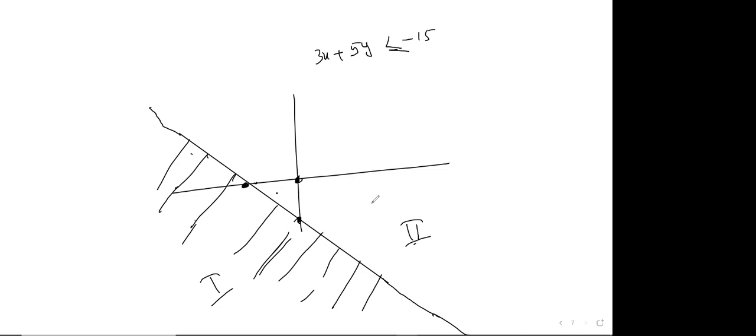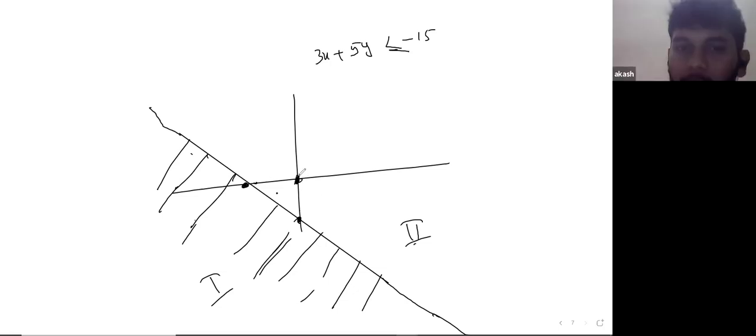So I'll check if this point can satisfy this equation or not, because if this area is my answer, then all the points in this area should satisfy this equation, right?